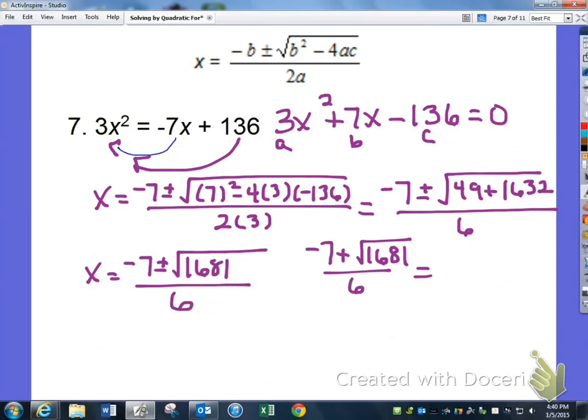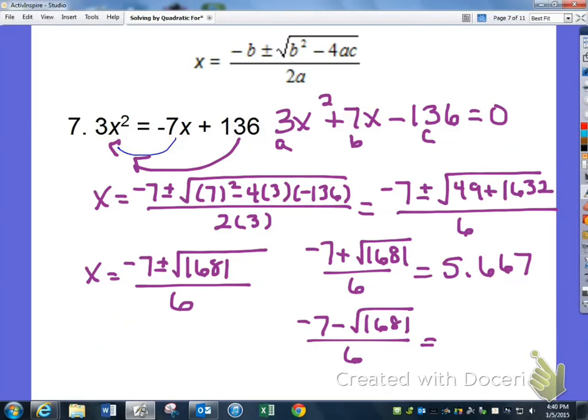If I do -7 plus the square root of 1681 and hit enter and then divide by 6, I get 5.6 repeating. So we'll just say 5.667. I don't like to say 5.666. The other one will be -7 minus the square root of 1681 over 6.